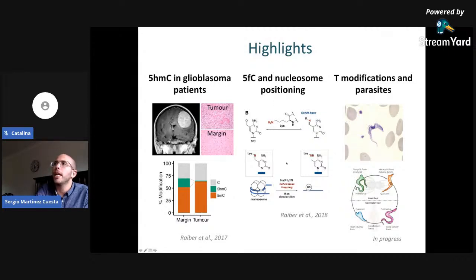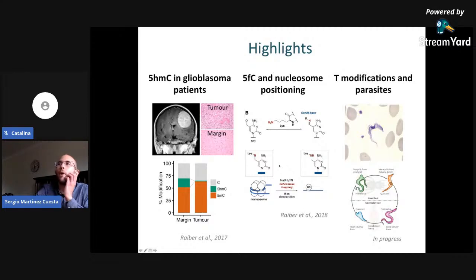There is another study that was published a couple of years ago, where we were studying the link between the positioning of this modified base, 4-methylcytosine, and nucleosomes, in particular the lysines of nucleosomes.